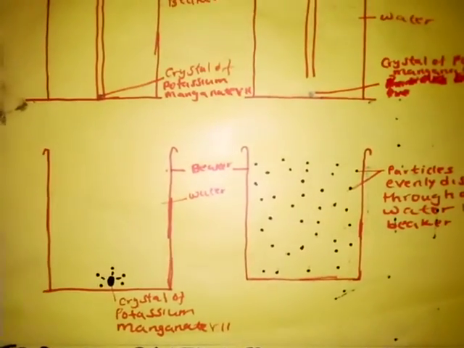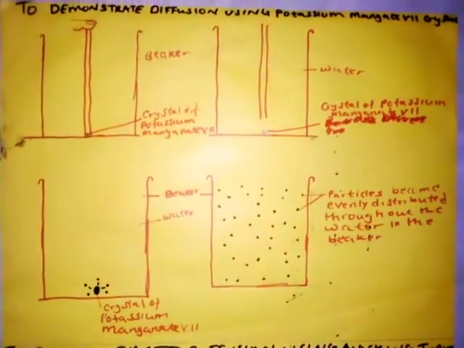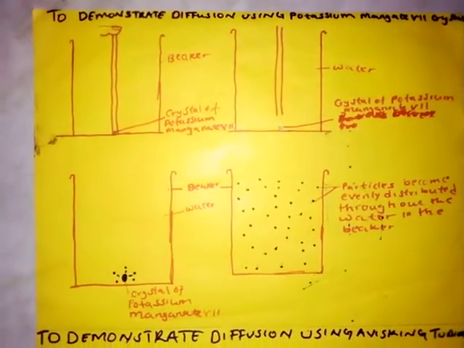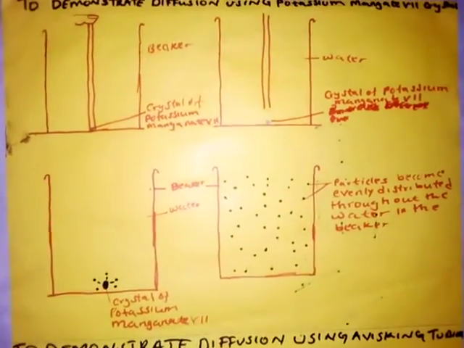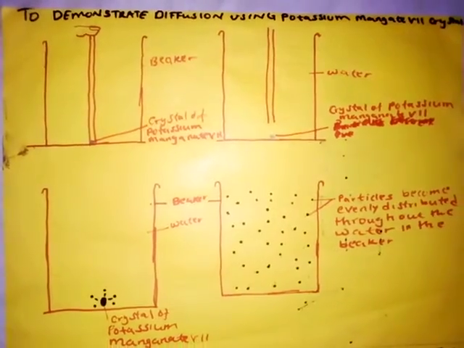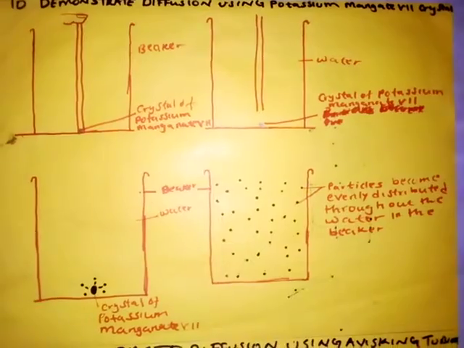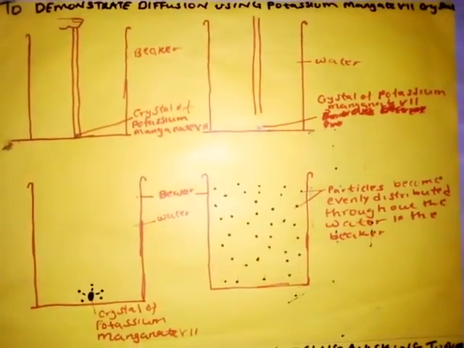And when you talk about these physiological processes, it is wrong to talk about through. You know, you move through the window or through the door, but for a process, it is by. Many students make a mistake of talking about through, but the right one should be by. So the molecules of potassium manganate 7 will always move from where they are highly concentrated to where they are lowly concentrated by diffusion.